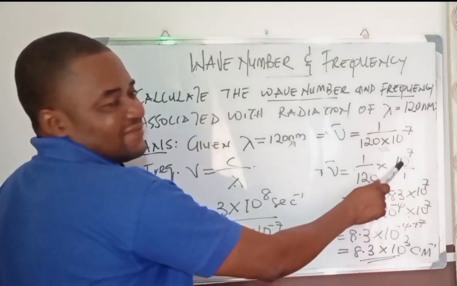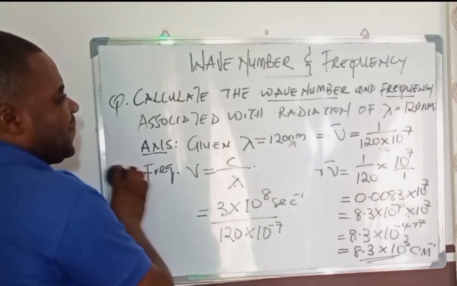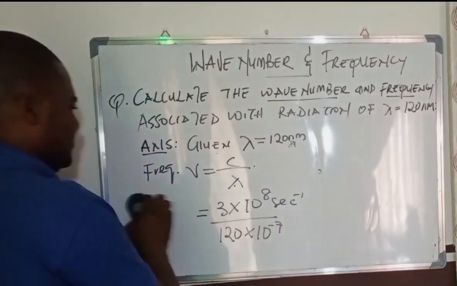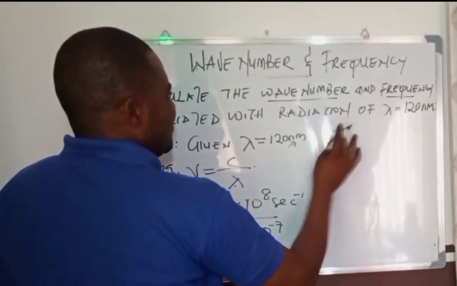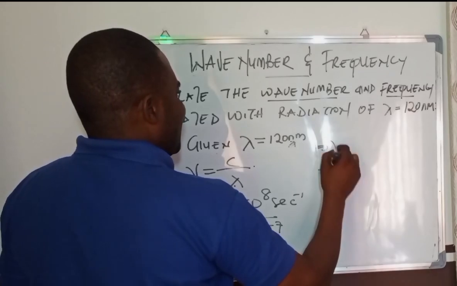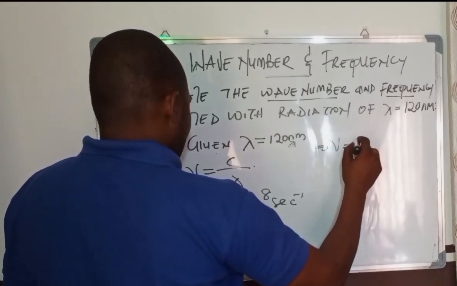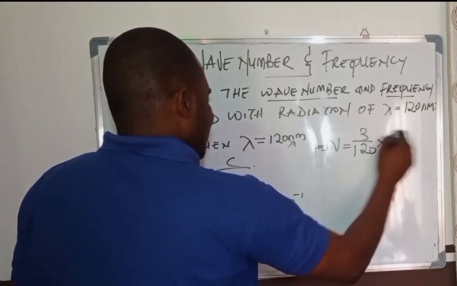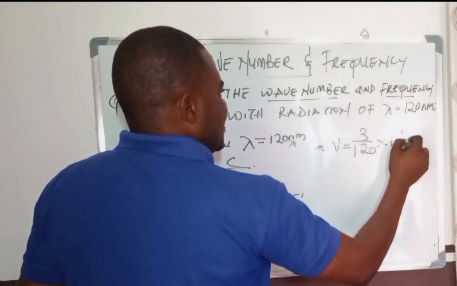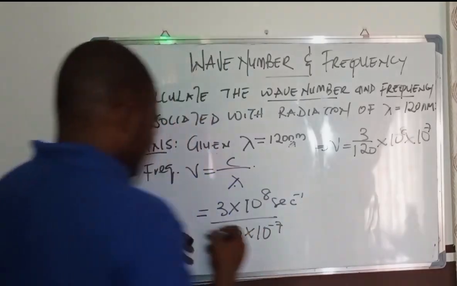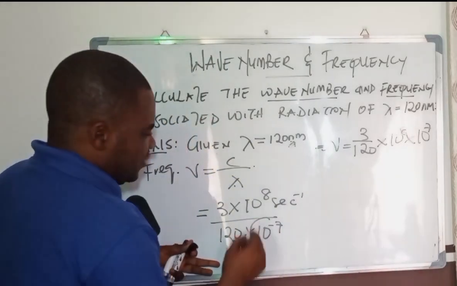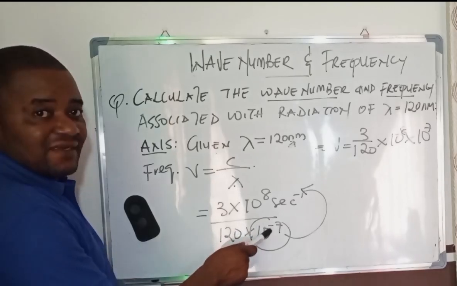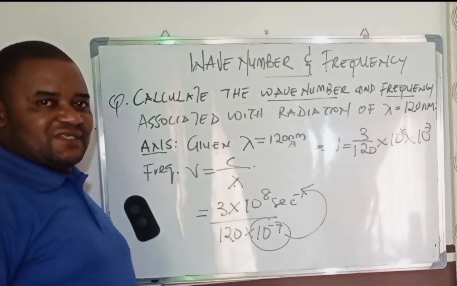So the value of our frequency will now be 3 all over 120 times 10 raised to power 8 times 10 raised to power 7. That's what it means, because we have decided to pull this and bring it up here. So the sign convention will change.